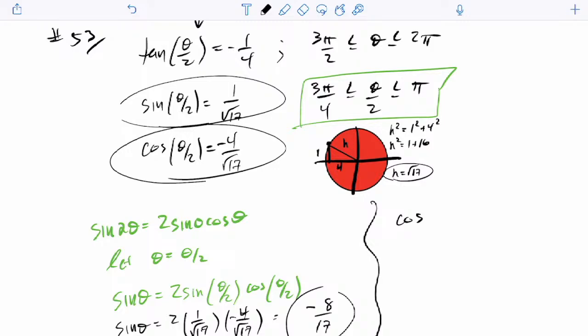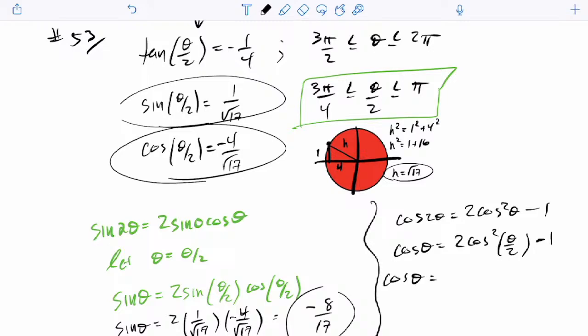For Michael's question, to continue this question 53, if you wanted the cos of 2 theta, you know that's 2 cos squared theta minus 1. So therefore the cos of theta is 2 cos squared of theta over 2 minus 1. Negative 4 over the root of 17.